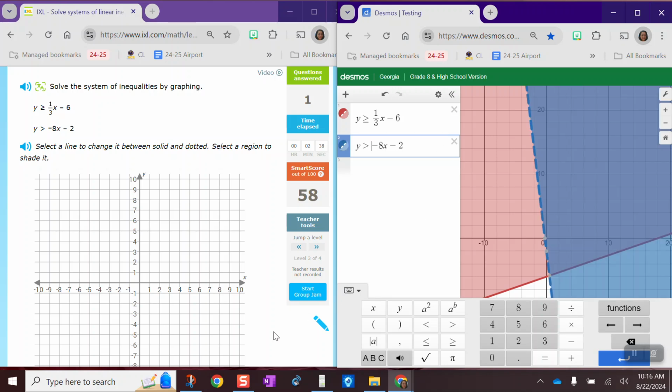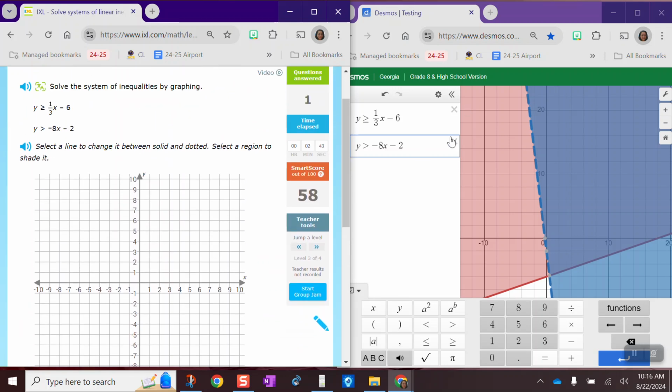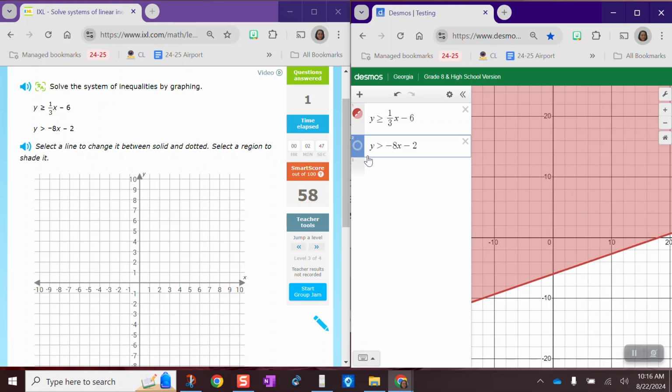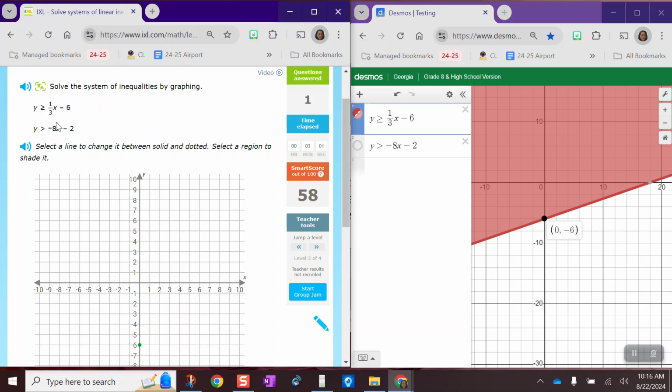Well, I'm only going to be able to do one at a time, so I'm going to pick 1/3 x minus 6. Well, actually, I can do it just from, it's in slope-intercept form. My y-intercept is -6, and my slope is 1/3. So 1 up and then 1, 2, 3 over. It's a solid line. There.